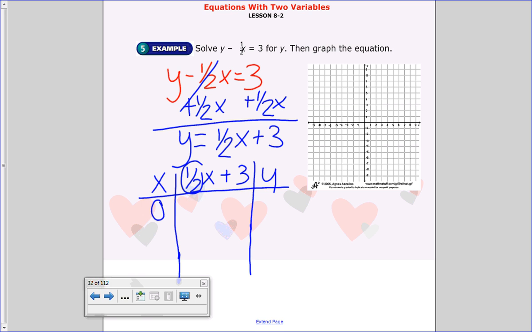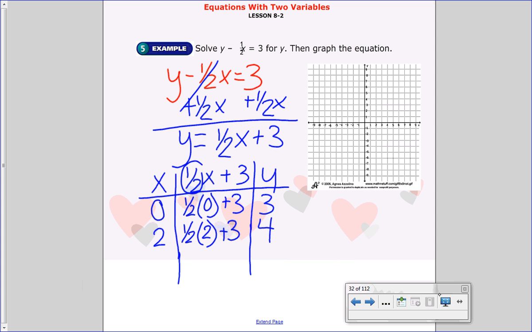Okay, so I have 1/2 times 0 plus 3. Well, that is 3. I'm going to try 2 now. Well, 1/2 times 2, those are reciprocals, so I know that's 1 plus 3 is 4. Let's try, how about 8? 1/2 times 8 is 4, plus 3 is 7.